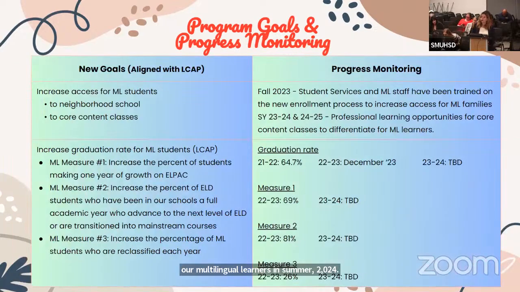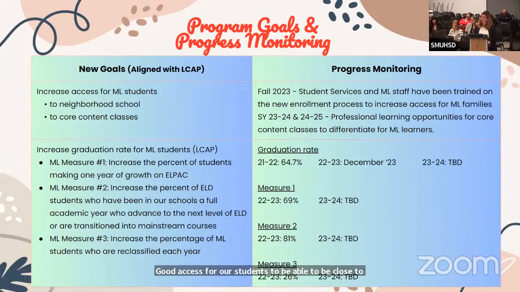So some of our newer goals, these are all aligned with our LCAP, and again with the work that we've been doing throughout the years in terms of anti-racist and access and wanting all students to graduate. So increasing access to ML students, that is one thing that is really going to be a big change, and hopefully will be good access for our students to be able to be close to their neighborhood and access their community.